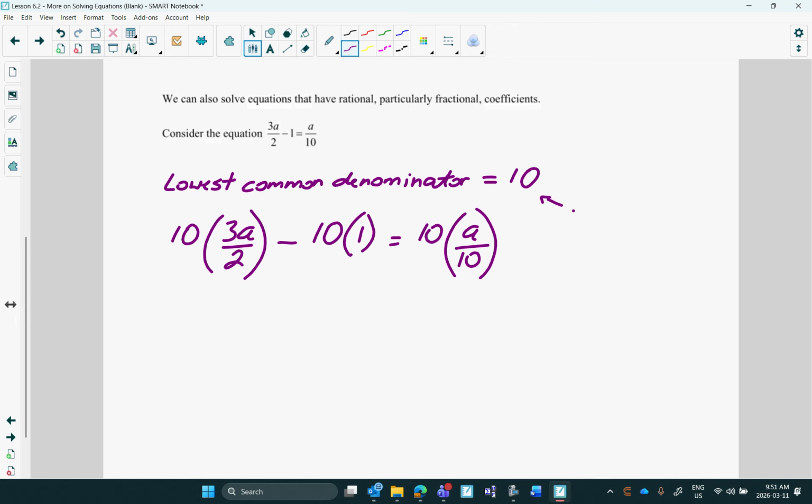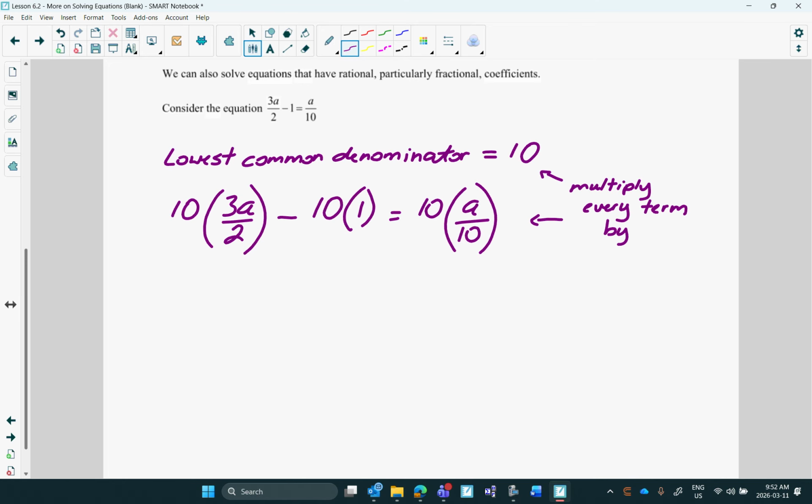So, we multiply every term by the LCD. And watch what happens to the fractions when we do that. Remember, I was emphasizing to you guys, 10 is the same as 10 over 1, right? So I'm going to put 10 over 1 where the fractions are. Remember I said reduce before multiplying?